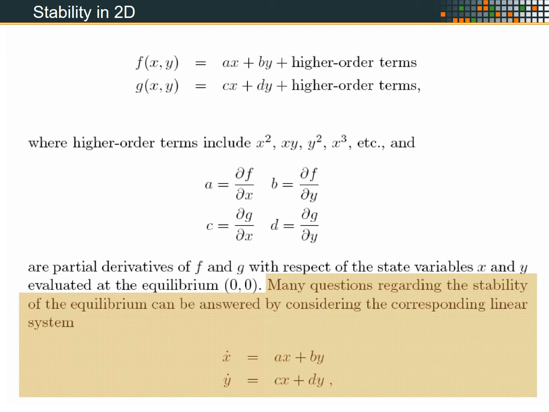That means we are finally approximating the functions f and g that describe x dot and y dot with a very simple analytical expression: x dot is a times x plus b times y, and y dot is c times x plus d times y. And a, b, c, and d are defined by the exact f and g that are given to you.